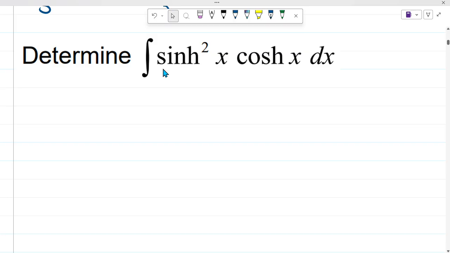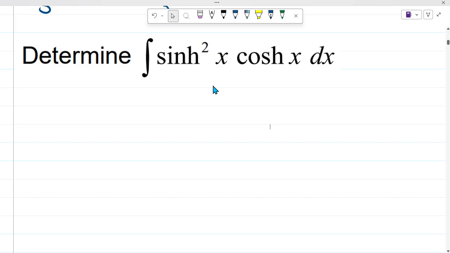As you can see, when you check this question, you can't say that something was differentiated for you to just get hyperbolic sine squared multiplied by hyperbolic cos squared. It's not there in the formula. So then you need to apply other rules. The general power rule is the only one that's going to work for this case.